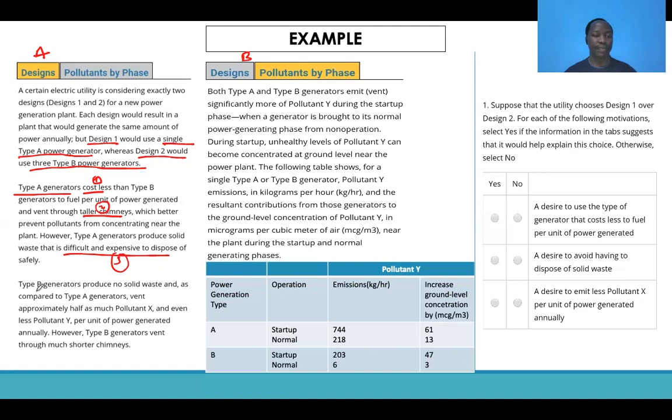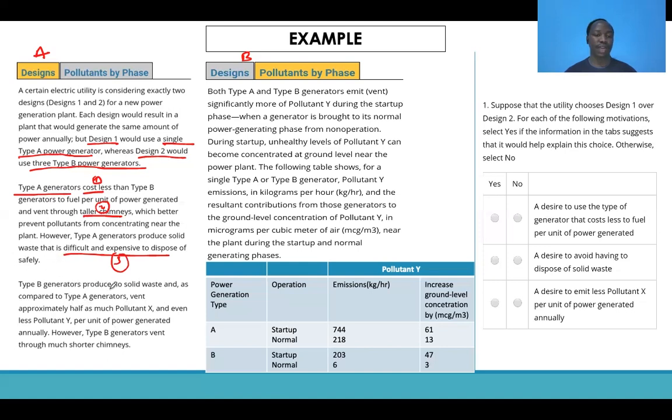This is also helping us map out information in this passage. Then paragraph 3: type B generators produce no solid waste and, as compared to type A generators, vent approximately half as much pollutant X and even less pollutant Y per unit of power generated annually. However, type B generators vent through much shorter chimneys. So paragraph 3 is about type B generators.